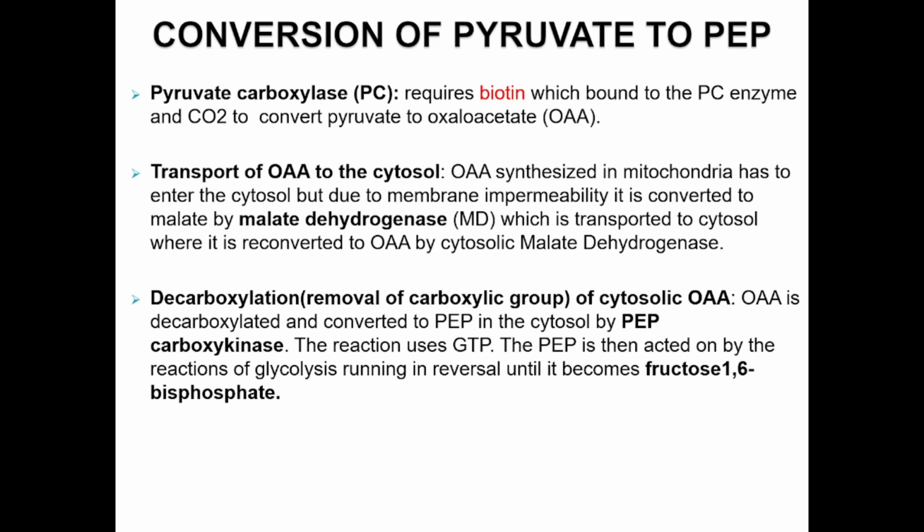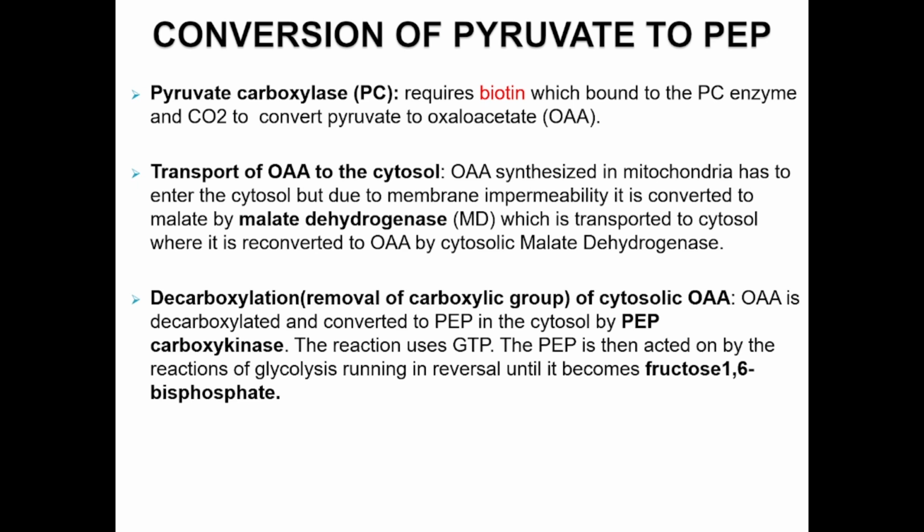There is no transporter to take the oxaloacetate from inside the mitochondria to the cytosol. To solve this problem, we need to convert oxaloacetate to malate by malate dehydrogenase. Malate can cross the inner mitochondrial membrane into the cytosol.